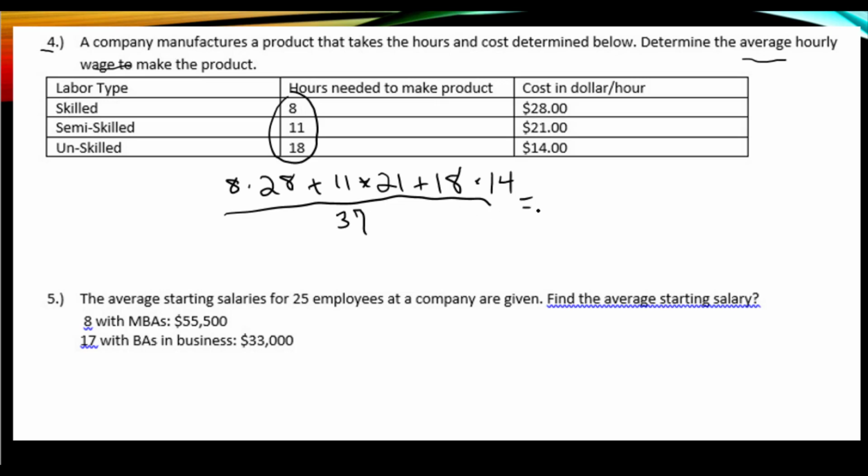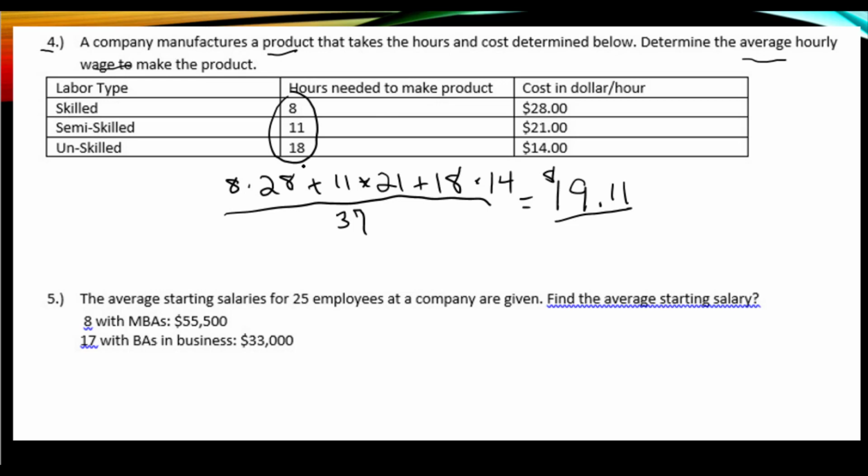And put this on our calculator, and I'll get $19.11. So that's the average hourly wage to make this product.